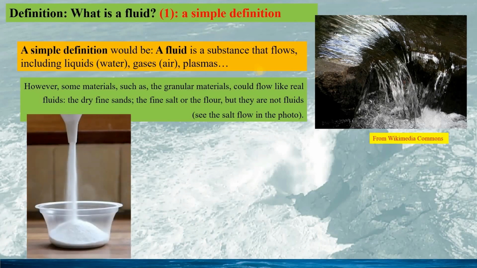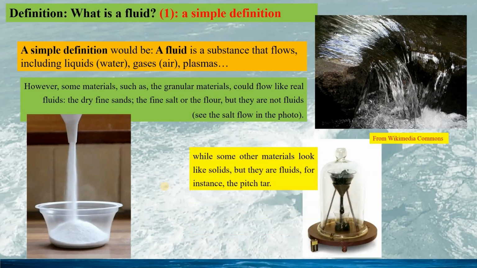For instance, the fine granular materials could flow like real fluids, such as the dry fine sand, the fine salt, or the flour. See this picture. This is a salt flow, but they are not fluids. And you will see the answer later in this talk.